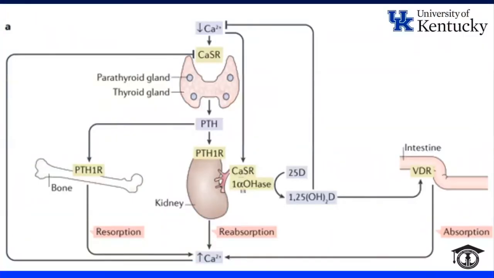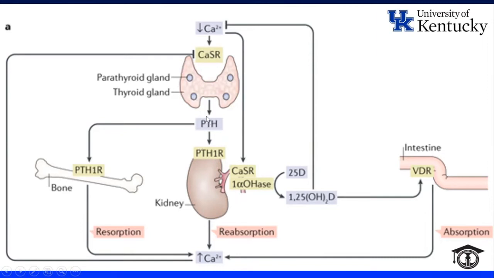Let's talk a little bit about the parathyroid gland and what happens in our patients with chronic kidney disease. There is stimulation of the parathyroid gland because of many reasons: relative hypocalcemia, hyperphosphatemia, and decreased 25 and 1,25 dihydroxy vitamin D levels. So there is a suppression of the calcium sensing receptor and a stimulation of the parathyroid gland.